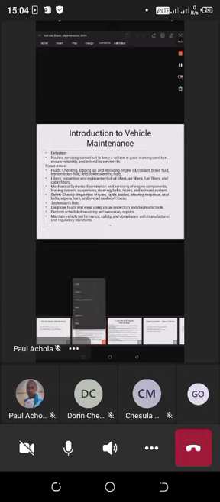There are some areas we focus on when performing maintenance services. The first area is fluids. Most vehicles operate using some fluids. Under the fluids, we check, we top up, and replace.